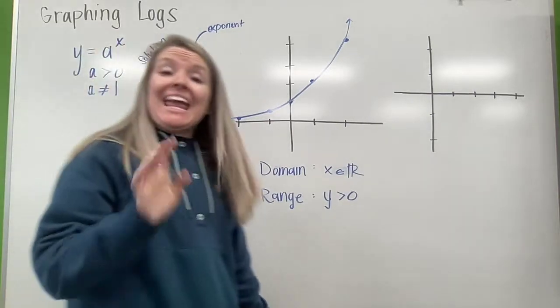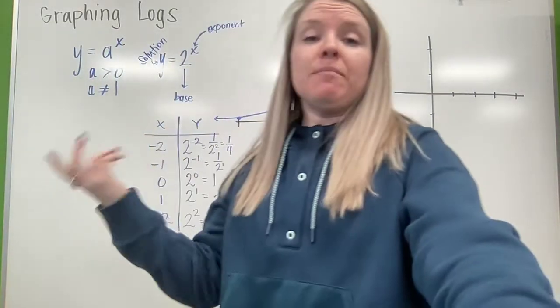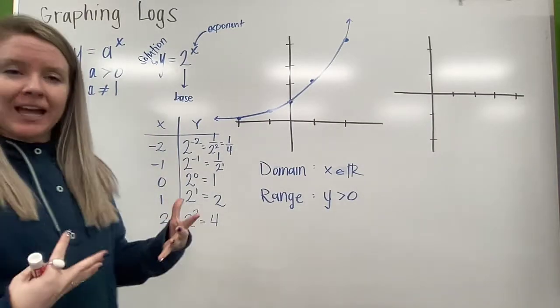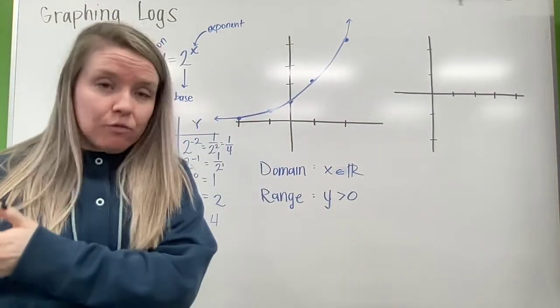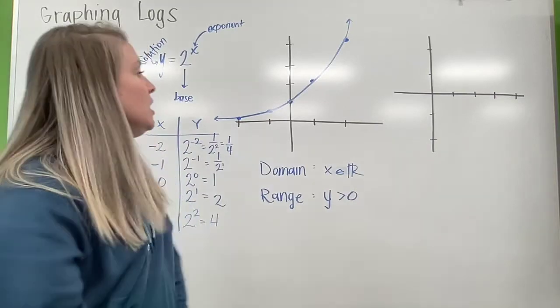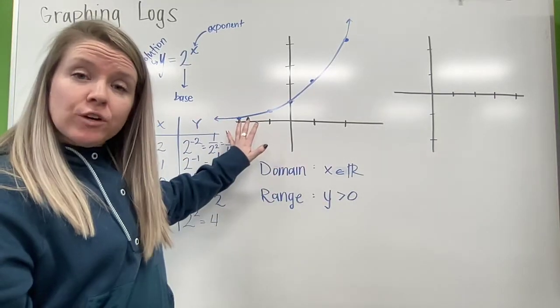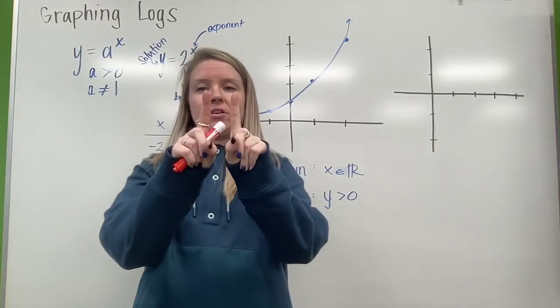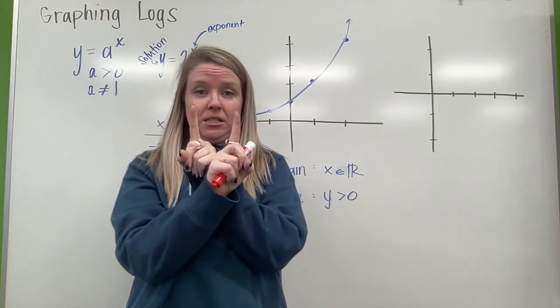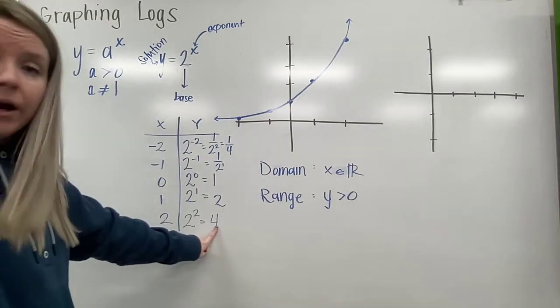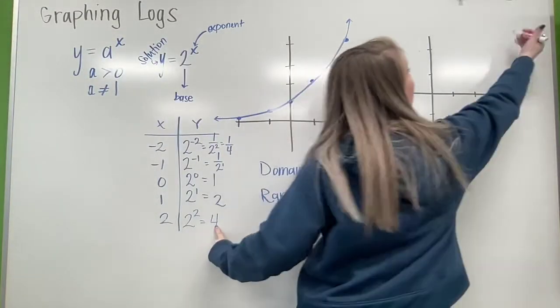The inverse of my exponential is my logarithm. Logs help us solve for exponents. Exponents help us solve with logs. They are inverses. Remember from our inverse chapter, to graph an inverse, we take the x and y of the coordinates and switch places. So my point (2, 4) becomes (4, 2).